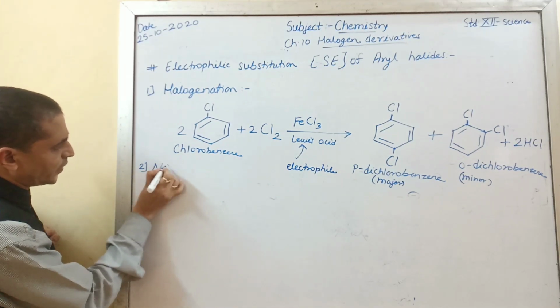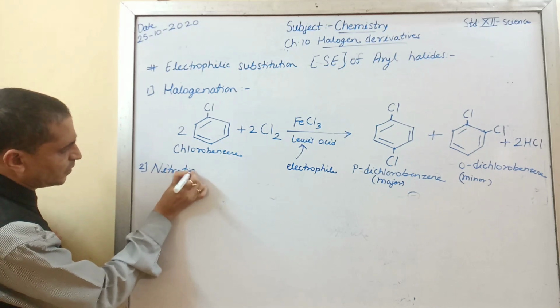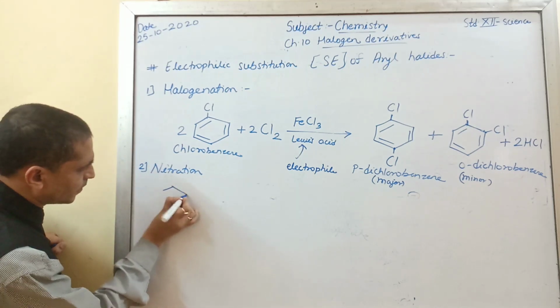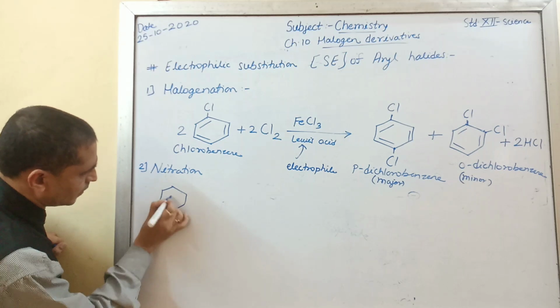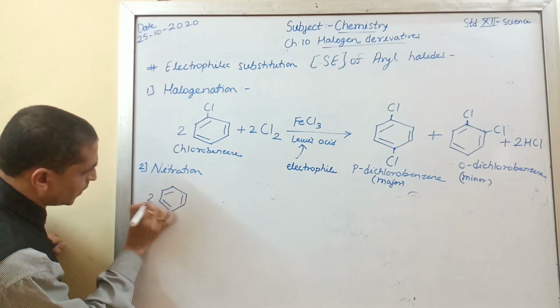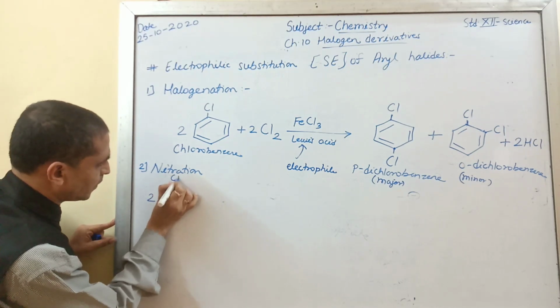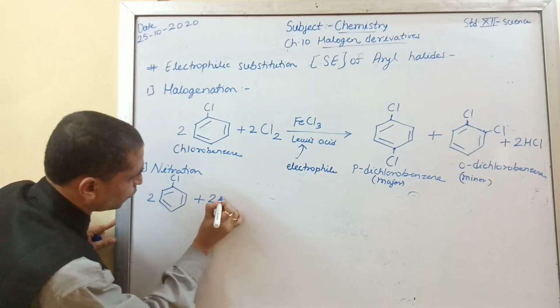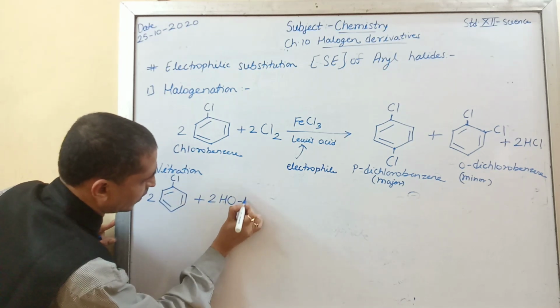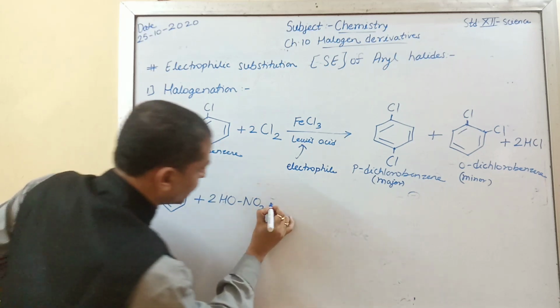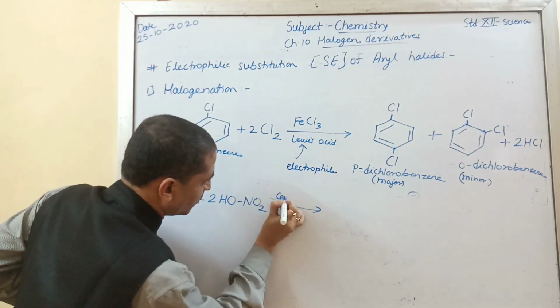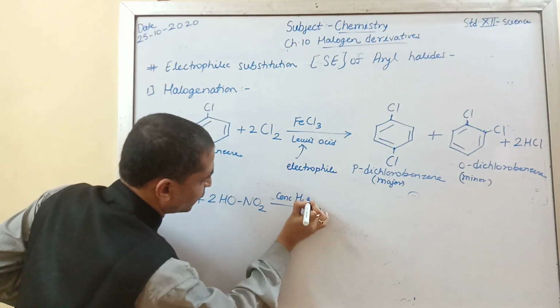That is nitration. Take chlorobenzene with concentrated nitric acid. This reaction is carried out in the presence of what? Concentrated sulfuric acid.